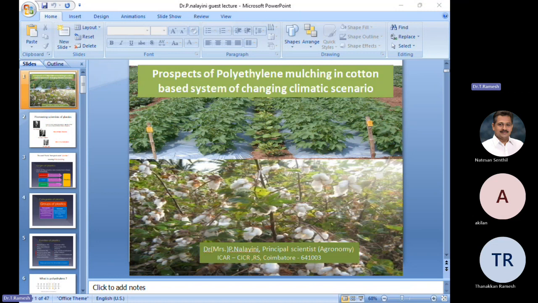So if it can be used for C3 and C4 with all the benefits, this technology is not specific to cotton. It can be extrapolated to all agronomic crops. This is what I guess. So I have chosen this technology for today's presentation.